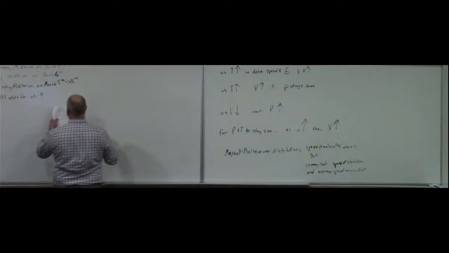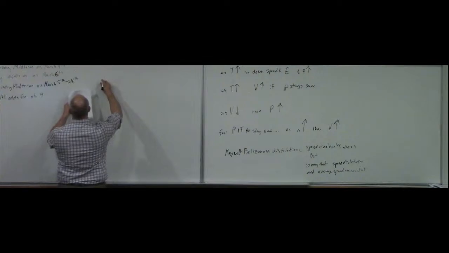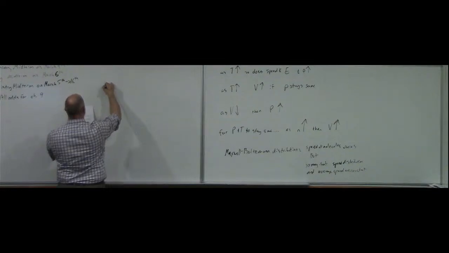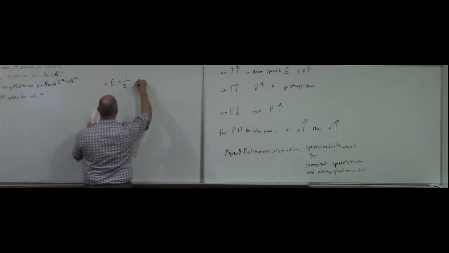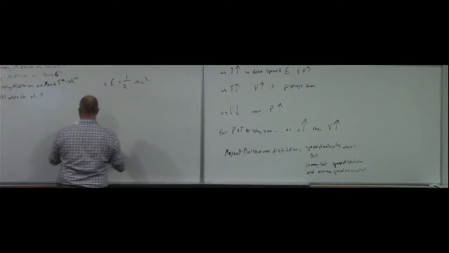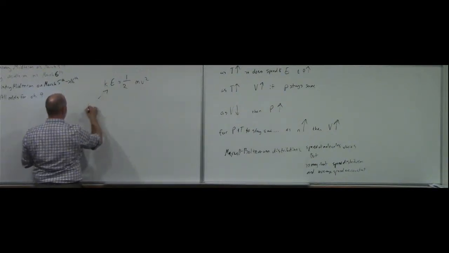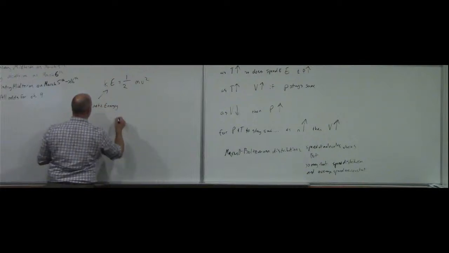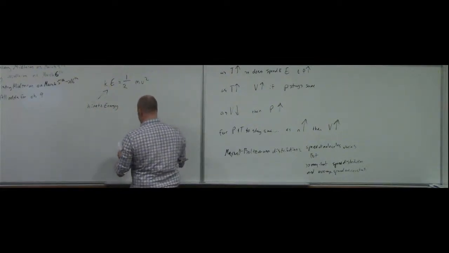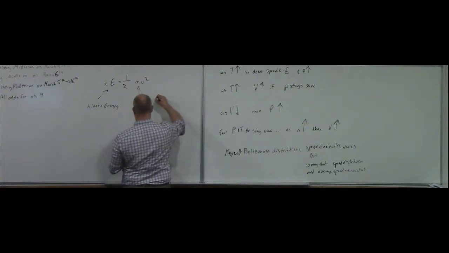The kinetic energy of a particle of mass m and speed u is given by this formula: KE equals 1/2 m u squared. So in this formula, this is kinetic energy, equals 1/2 of, this is mass, and this is speed.